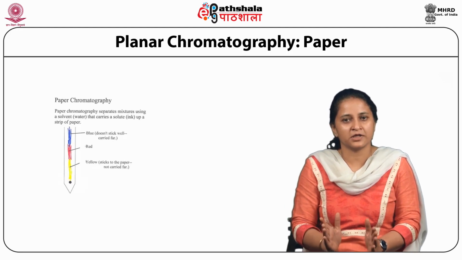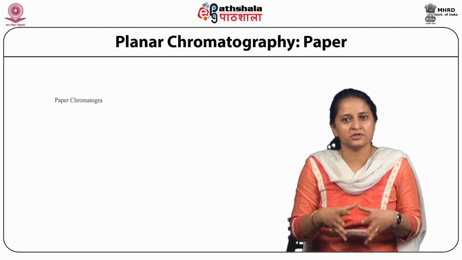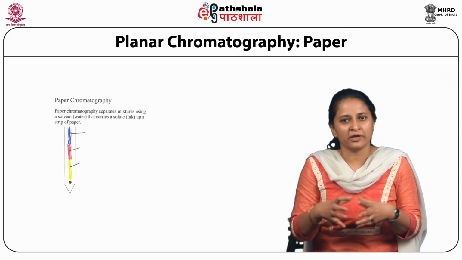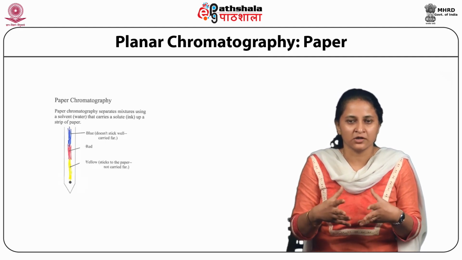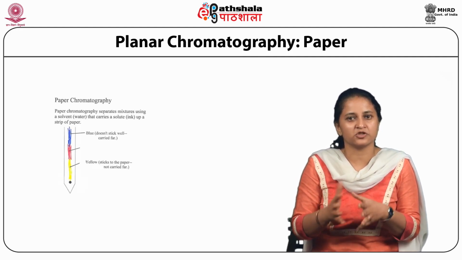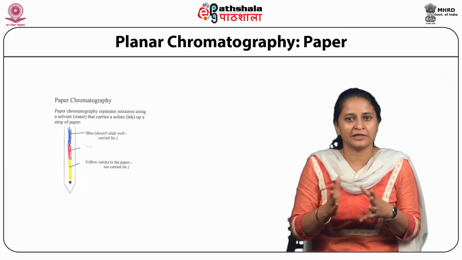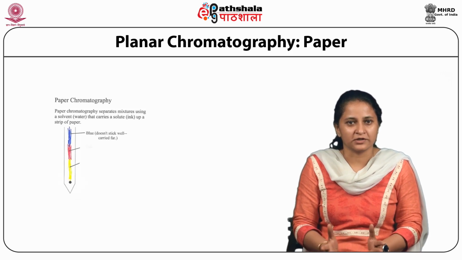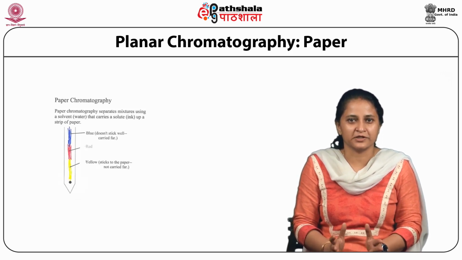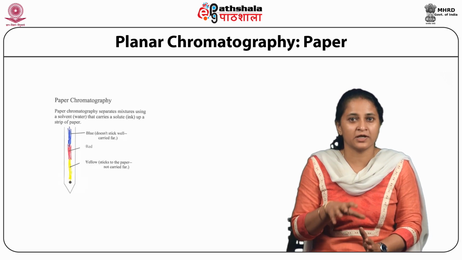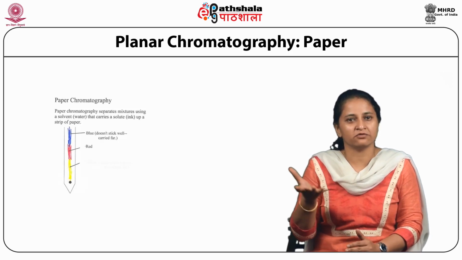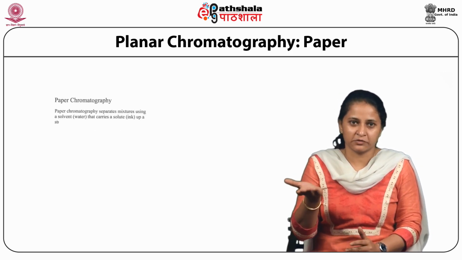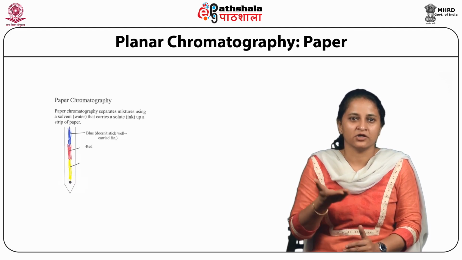And this helps in the case when the components of a mixture are not very well separated in one dimension. So the second dimension helps to separate them more clearly. The components of a mixture that are non-volatile obviously can be separated and visualized. And for this visualization, you can use a variety of chemical reagents. The examples of some we shall be seeing shortly.